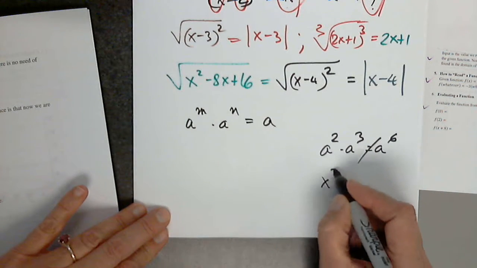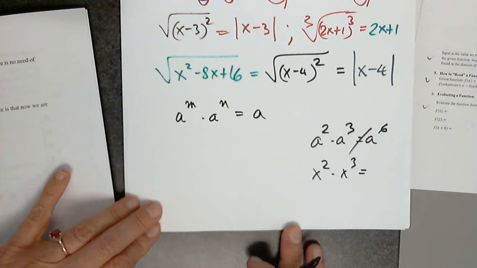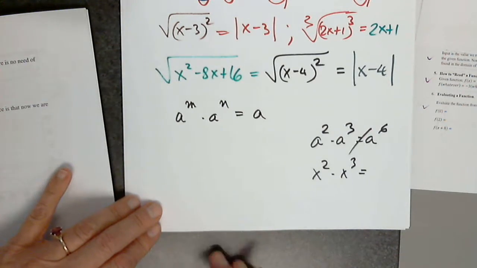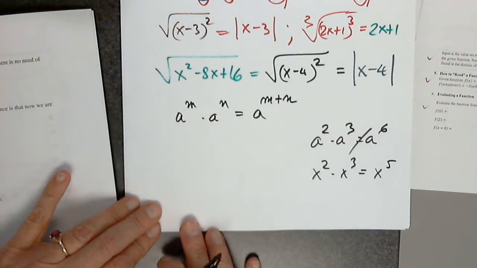So what is x squared times x to the third equal to? You have 2 apples. I have 3 apples. How many apples do we have? Copy the base and add the exponents.